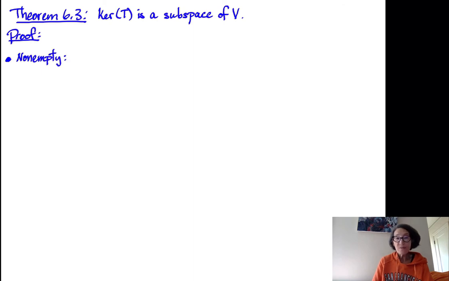What that means is we have to exhibit something that we know has to be in that set. So since we know that T of the zero vector in V has to be equal to the zero vector in W, that's one of the properties of linear transformations, that tells us that the zero vector in V is in the kernel of the linear transformation. So it's non-empty.